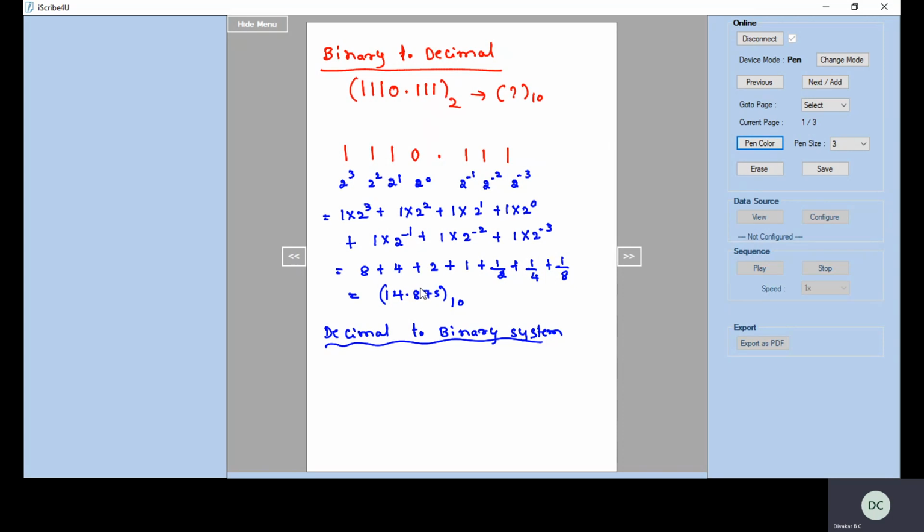For the conversion of the fractional part of the decimal number, multiply it by 2 and write the carry. If any digit goes beyond the fractional part, take out the carry and perform the multiplication only on the fractional part.